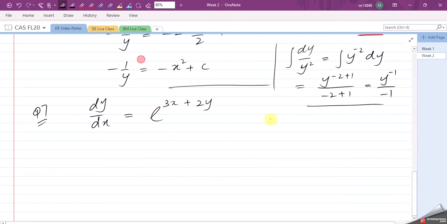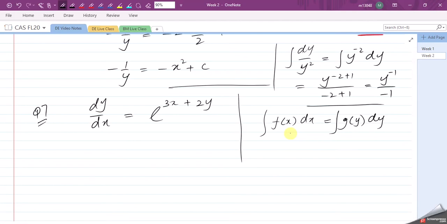Can I make it look like some function of x dx equal to some function of y dy, something like this? Is it possible to take from here to here? Can you give it a try? Pause the video and give it a try.